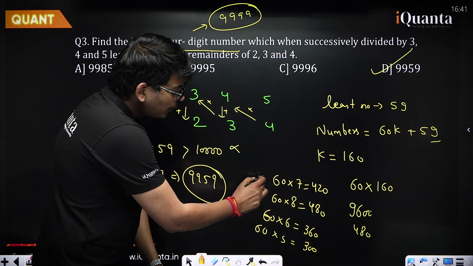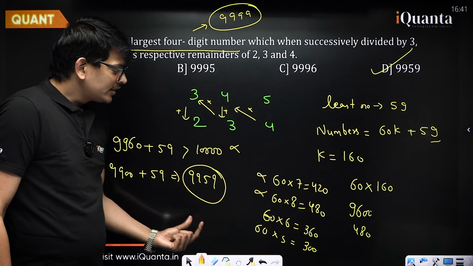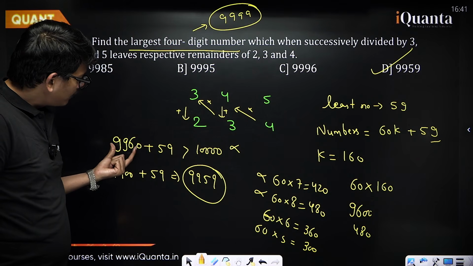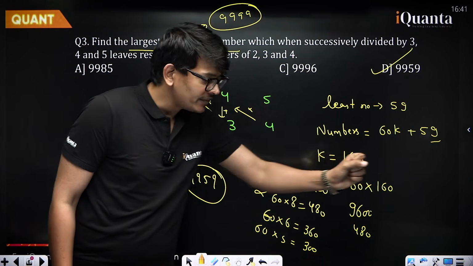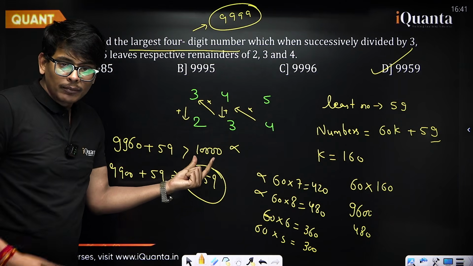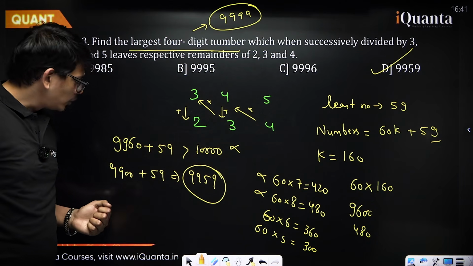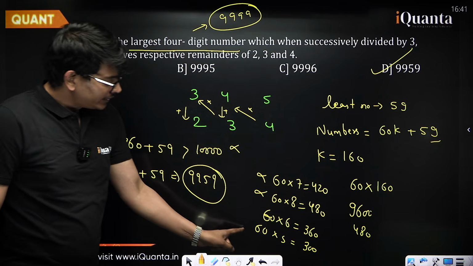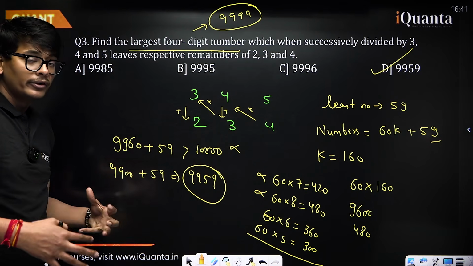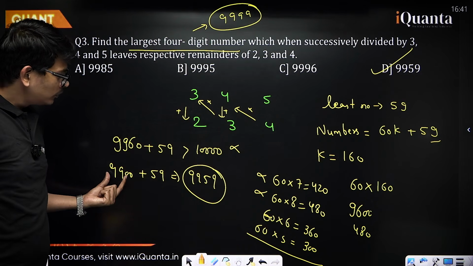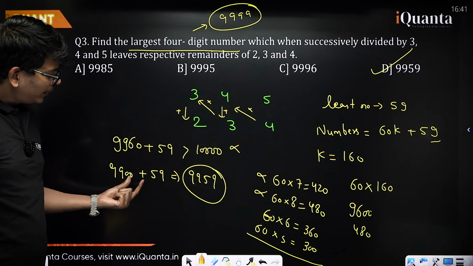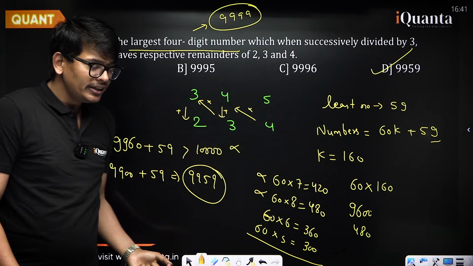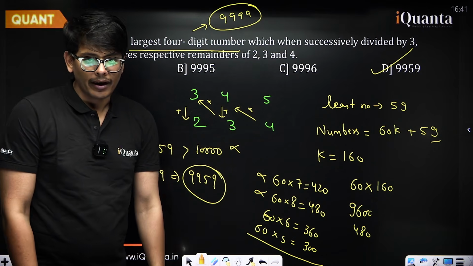This was also not possible. 60 into 6 is 360. I was getting 9960, but I have to add 59 as well, and my answer was coming more than 10,000. So that was also not possible. So I was left with this possibility because I have to find the largest number. So 9600 plus 300 is 9900 plus 59. So my answer is 9959.